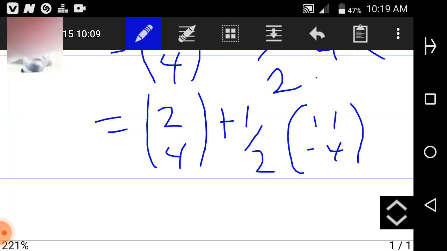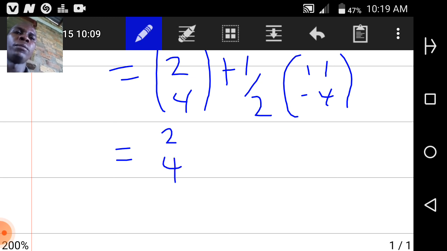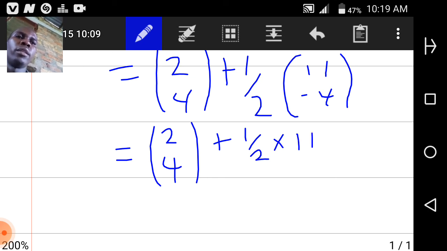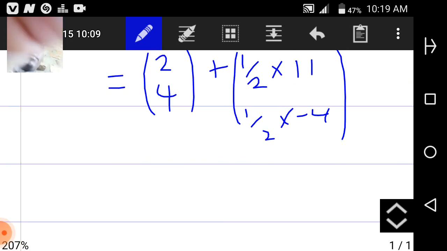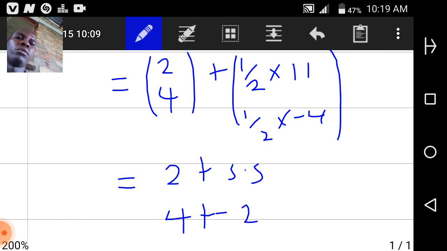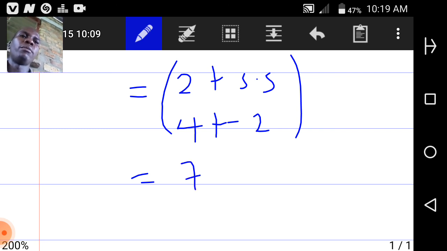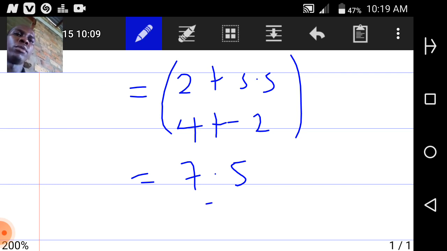Since a half is a scalar and the scalar multiplies everything in the bracket, we have (2, 4) plus a half times 11, and a half times -4. We now add the x coordinates: 2 plus 5.5, that is 7.5, and also 4 plus a half times -4, which is -2, so 4 plus -2 gives 2.